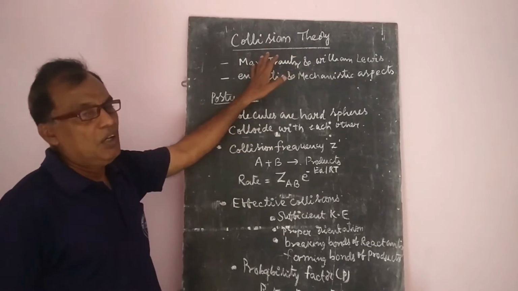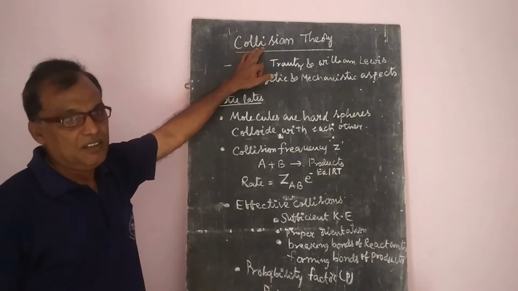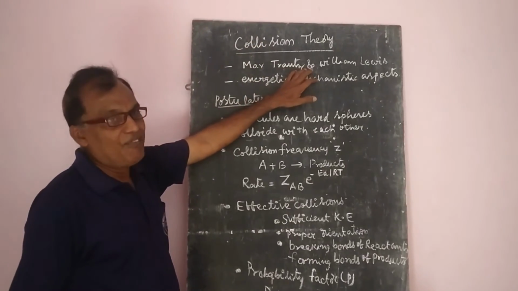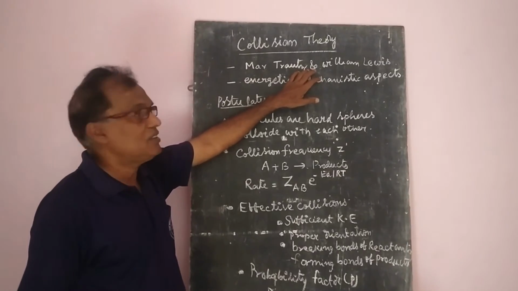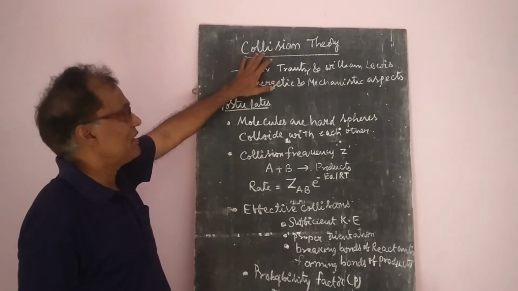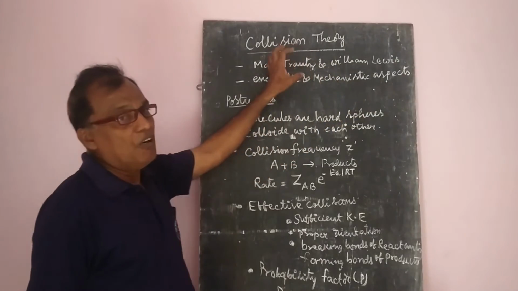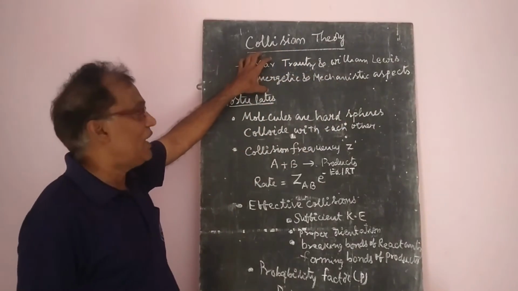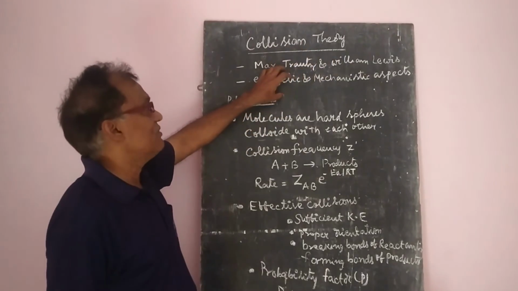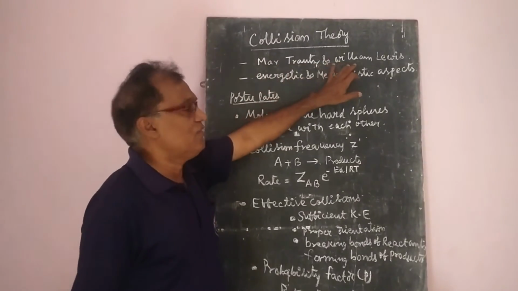These two proposed the theory of the formation of products after the reacting species meet. They explained how products form and what factors affect their formation. The main aspects of collision theory are energetic and mechanistic: how much energy the species should have, and by which mechanism the products form. All these things were explained in the collision theory proposed by Max Trautz and William Lewis.